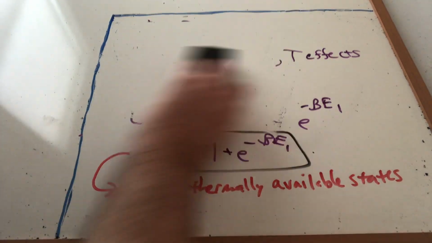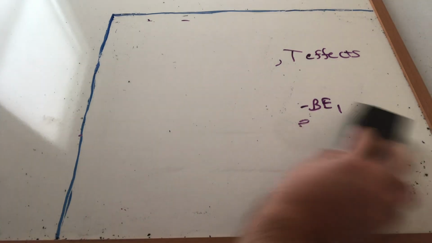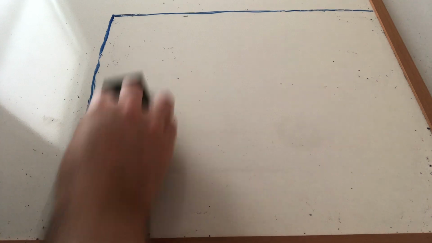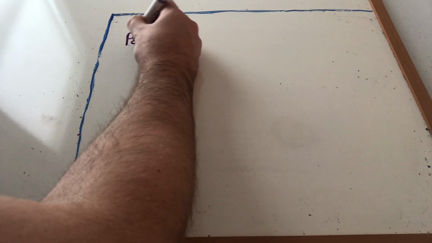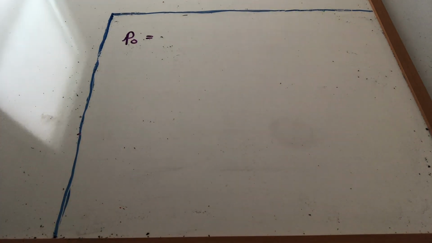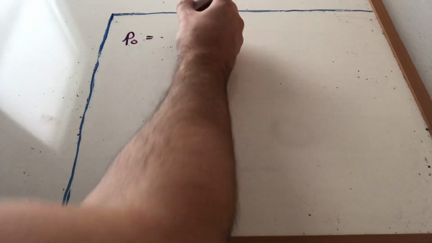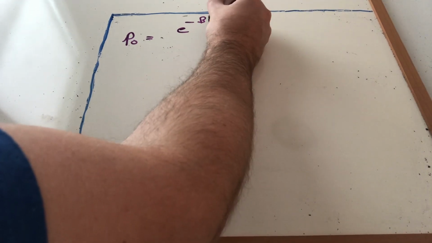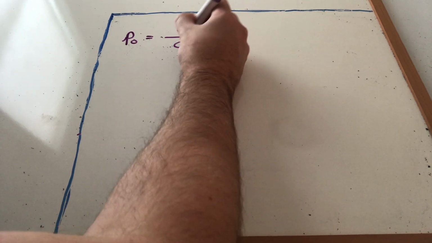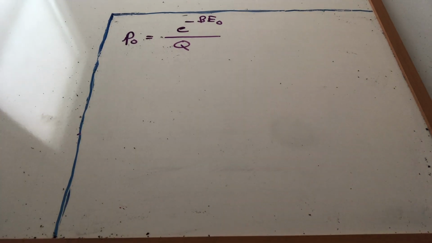So, with our Q now established, we can calculate P0, P1, and then actually we're going to jump to the temperature effects because that's where it becomes interesting right away. So here's my population to be in the ground state. This is the probability or the population to be in that E0 state. It looks like e to the minus beta E0 divided by Q, and that's our definition from our last video.